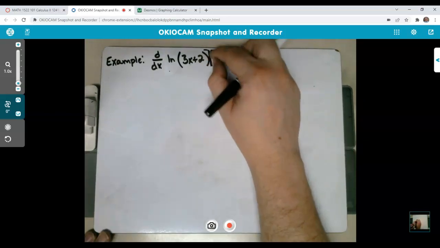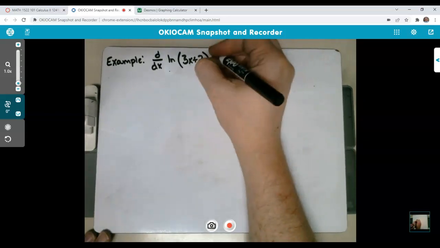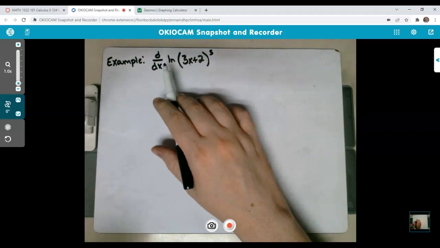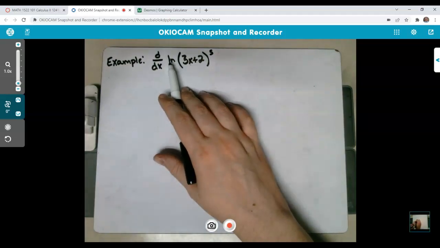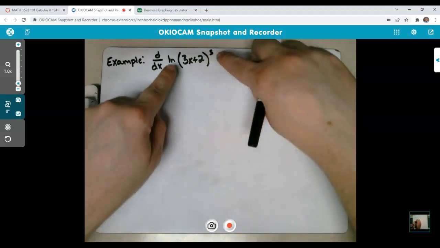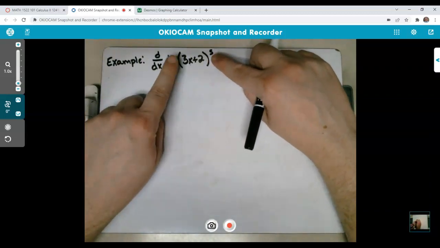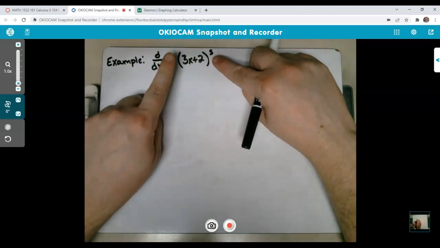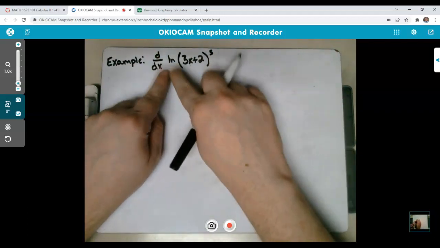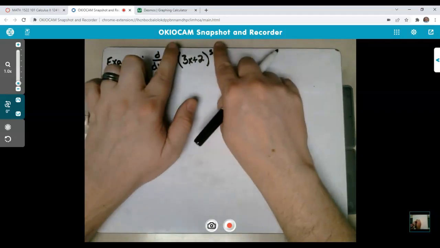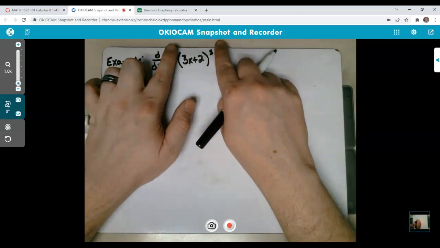Whenever it's written in this way, what it actually means is I'm taking the natural log of all of that stuff, so the 5 is inside of here with the 3x plus 2. So this is the natural log of 3x plus 2 raised to the 5th. I just want to make that clear.